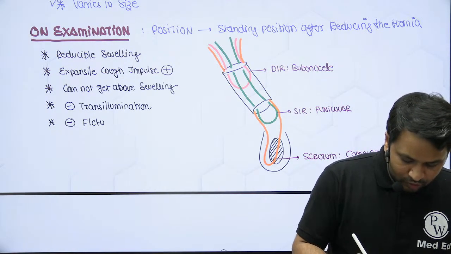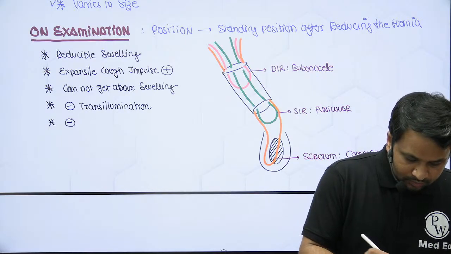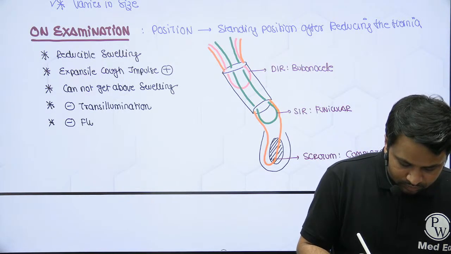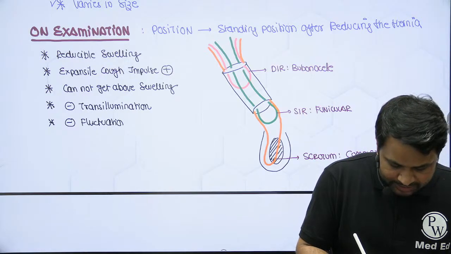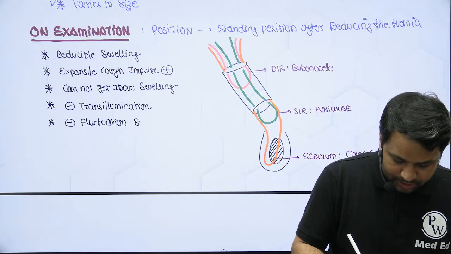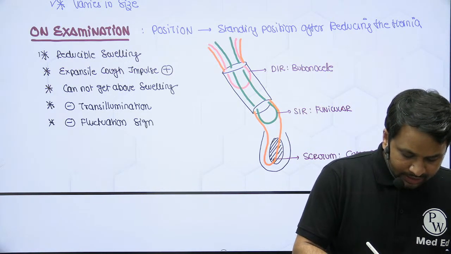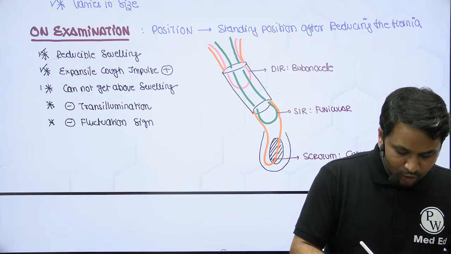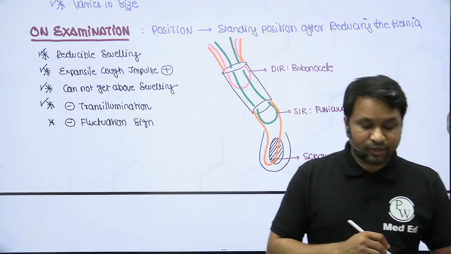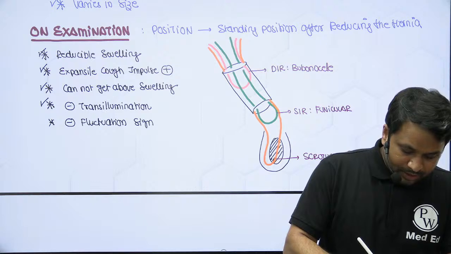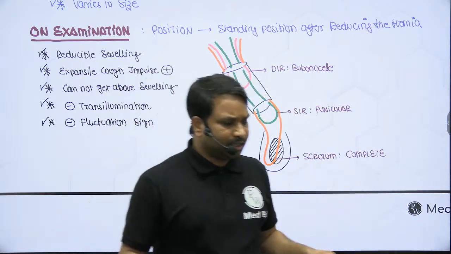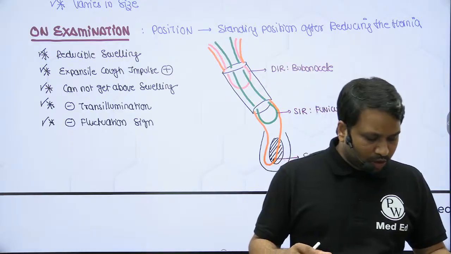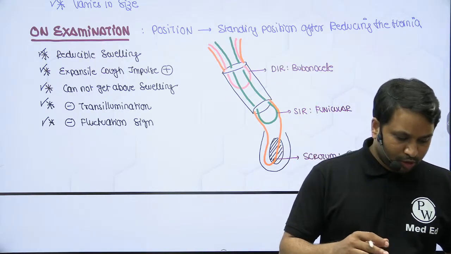There is absence of fluctuation sign, right? So it's a reducible swelling. There will be an expansile cough impulse. You cannot get above the swelling. There is absence of transillumination. There is absence of fluctuation sign, telling you that it is not a hydrocele. It is basically a hernia that you're looking at, right? So these are all the examination findings that you're going to find.